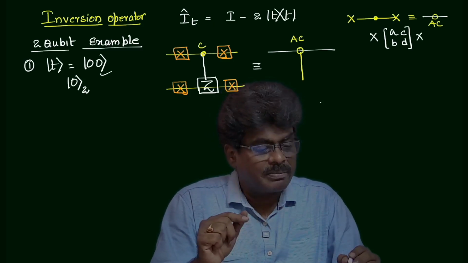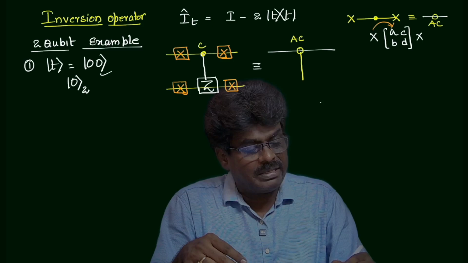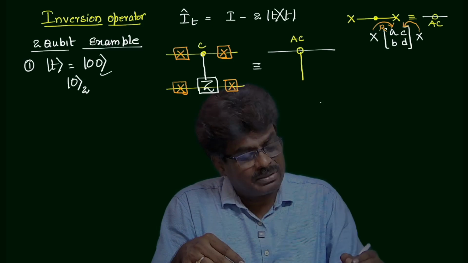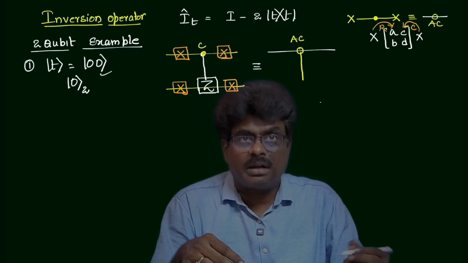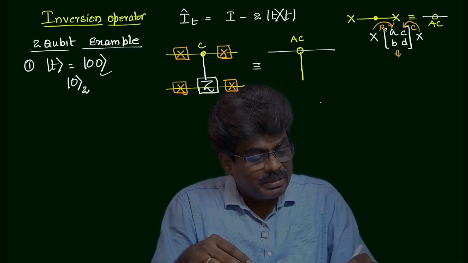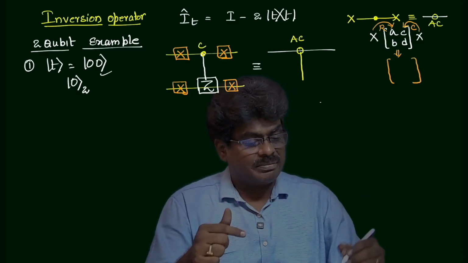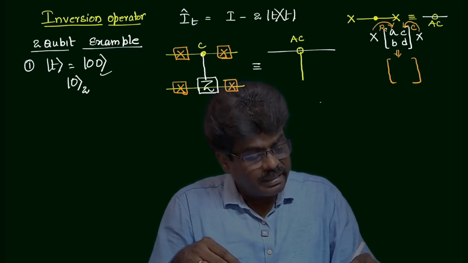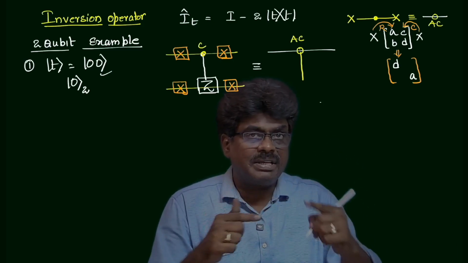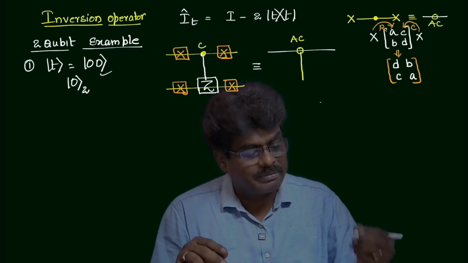What you have to do is, this Pauli x will interchange rows, and this x from the right side will interchange columns. Okay, so then finally what will happen, in this matrix the diagonal elements will interchange. That means here we will get D, here A, and A and D are interchanged, and B and C are interchanged. So here C and here B.